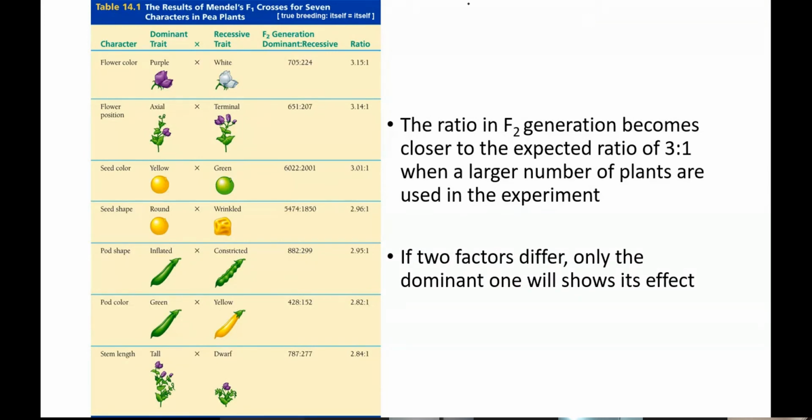Mendel tried many plants, about 700 and 224, and at the end he got the ratio of about 3:1, about 2.84 to 1, near to 3:1.